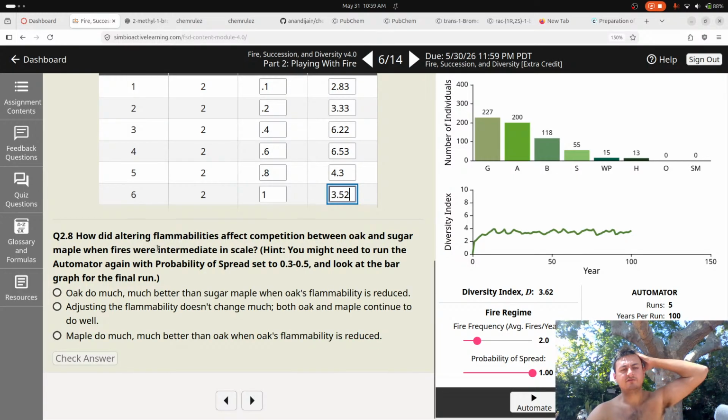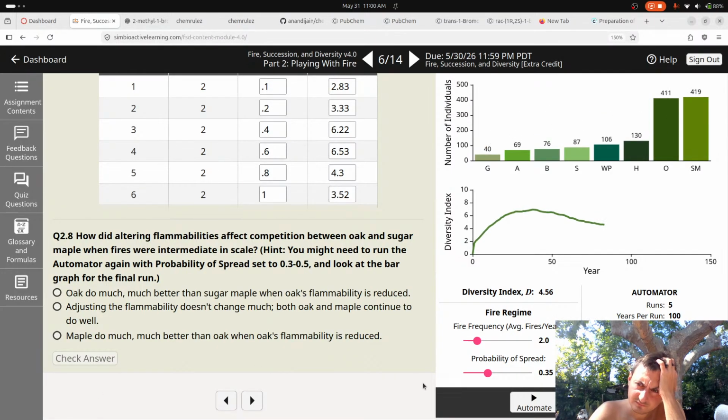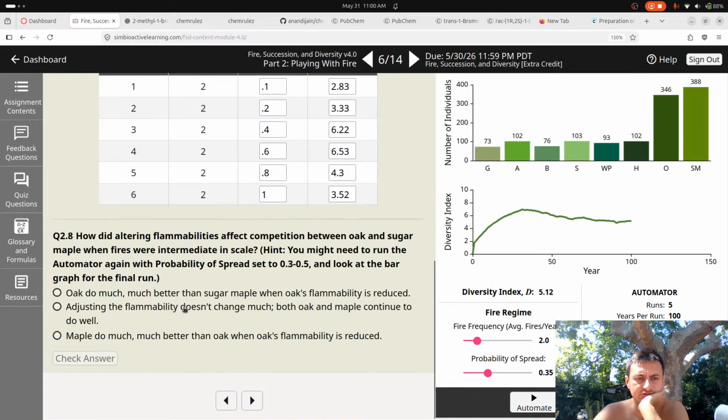How did altering flammabilities affect competition between oak and sugar maple? So, sugar maple is way more flammable.